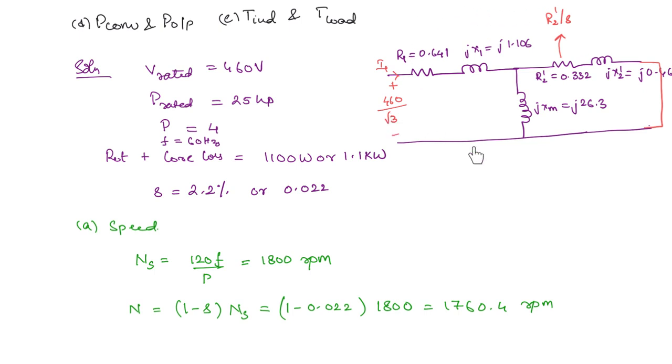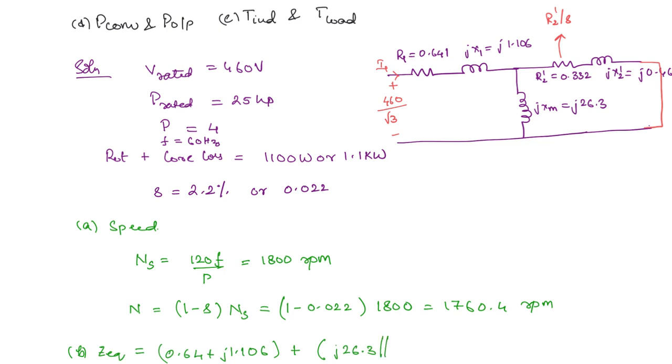So to find I1, the stator current, we just need to divide the voltage by the equivalent impedance. So we will find the equivalent impedance. Z equivalent is equal to 0.641 plus J 1.106, and this entire thing is in series with JXM, which is J 26.3.